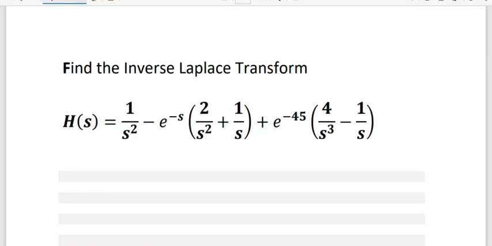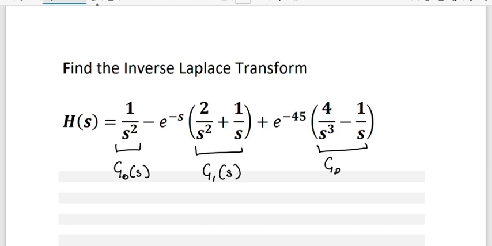So for this second example, the first thing we're going to do, we have this term, this function of s, and we can denote this as our g naught of s. This will be our g1 of s, and this will be our g2 of s.